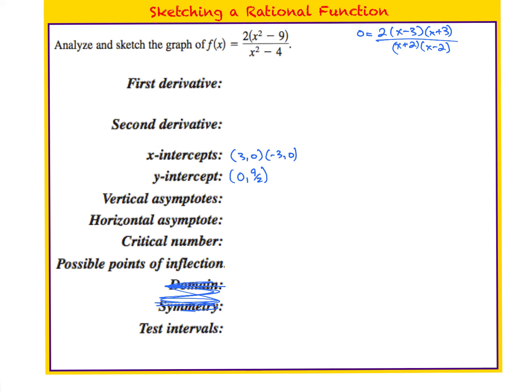All right, so my y-intercept is 0, 9 halves. Vertical asymptote. How do I get to a vertical asymptote? Number over 0. When do I get it? x equals 2 and x equals negative 2. Horizontal asymptotes, what do we look at? Limits to what? Infinity and negative infinity.